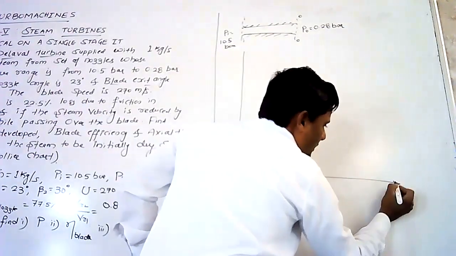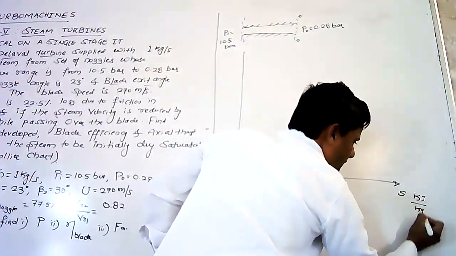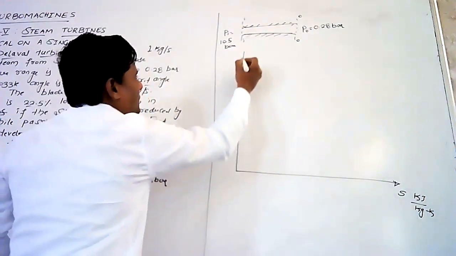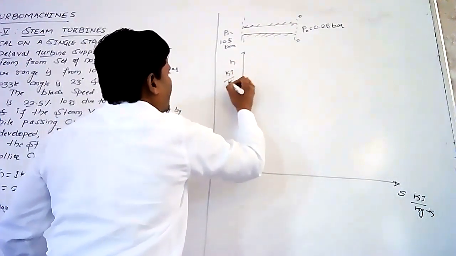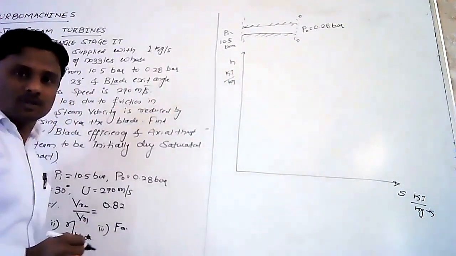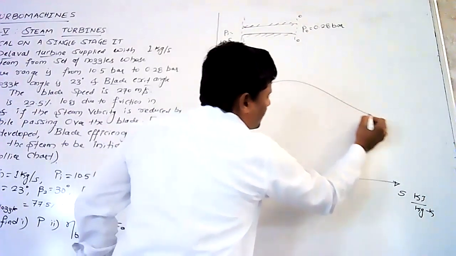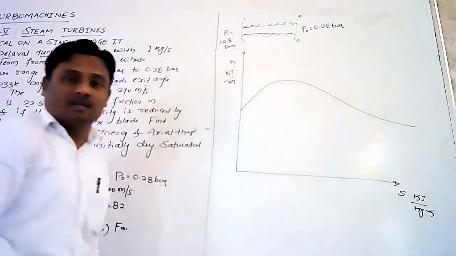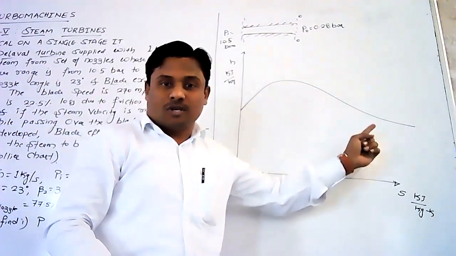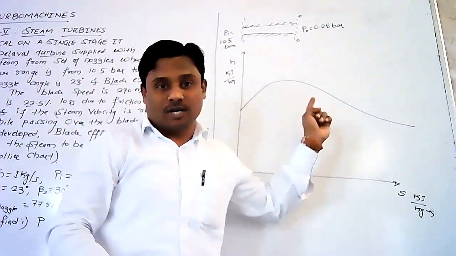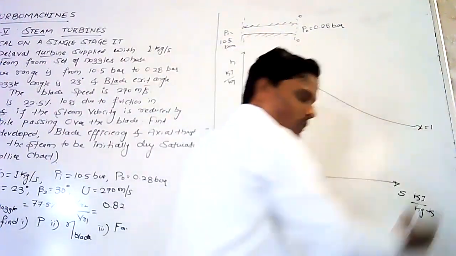This is the specific entropy whose unit is kilojoules per kg kelvin, and on the y-axis we have the specific enthalpy H whose unit is kilojoules per kg. Now this curve is the saturation curve. The condition of steam on this saturation curve is dry saturated, where the dryness fraction X is always equal to 1.